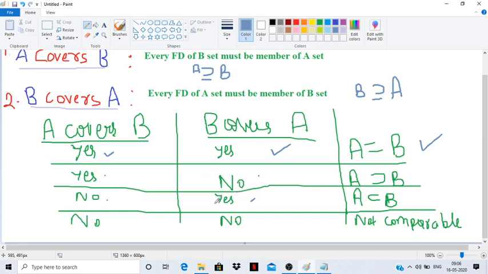Here B contains some more items, so B is a superset of A.